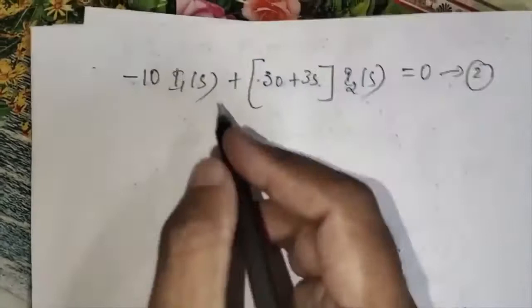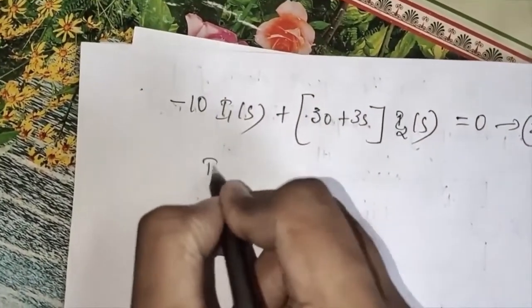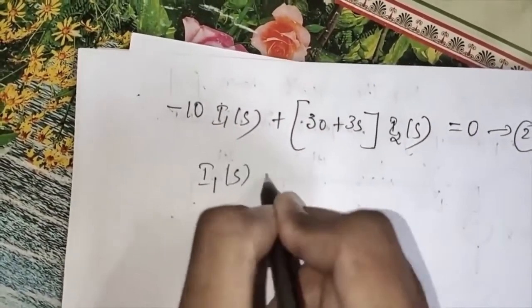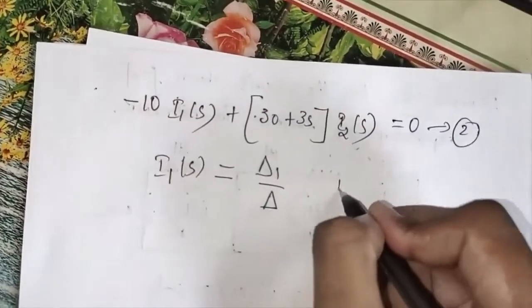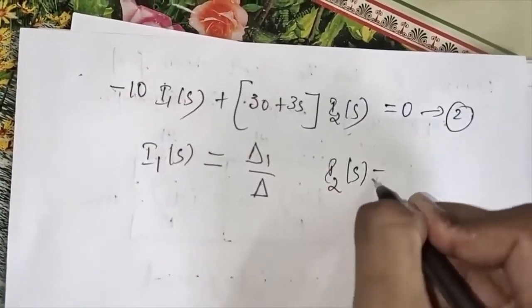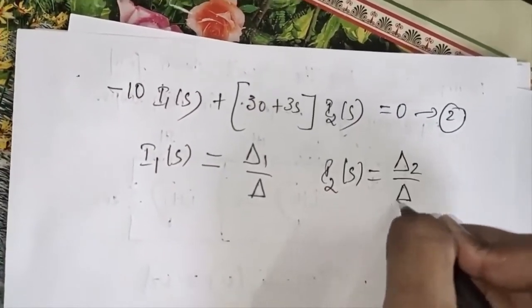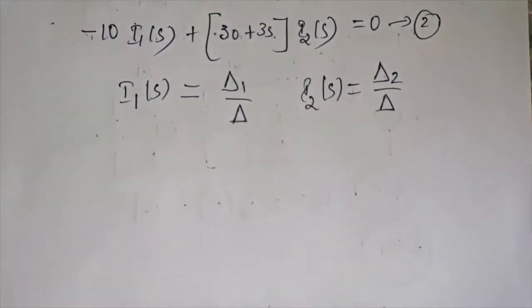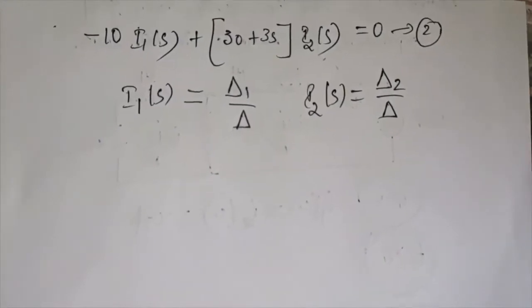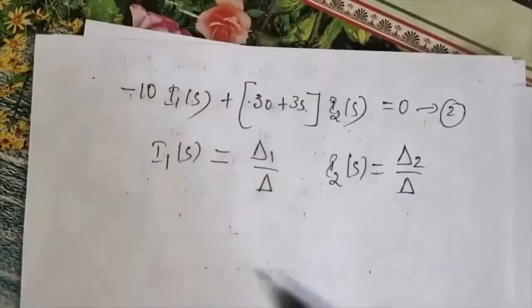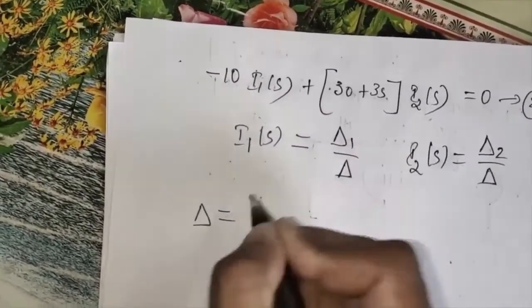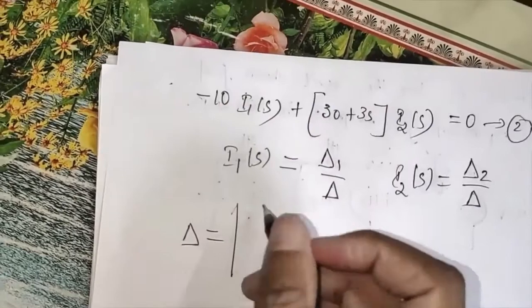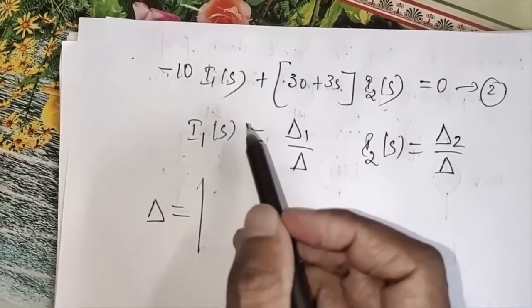Now, I1 of s is delta 1 by delta, and I2 of s is delta 2 by delta. We all know how to solve sums using Cramer's method. Delta is the determinant of the coefficients of both the equations.